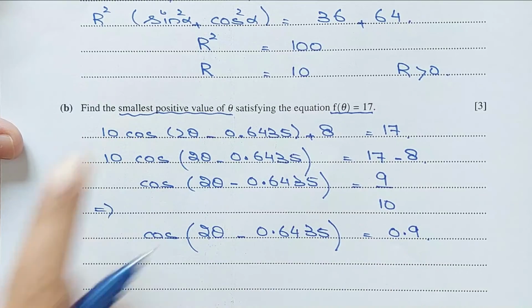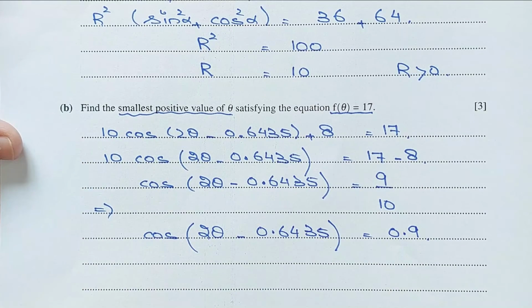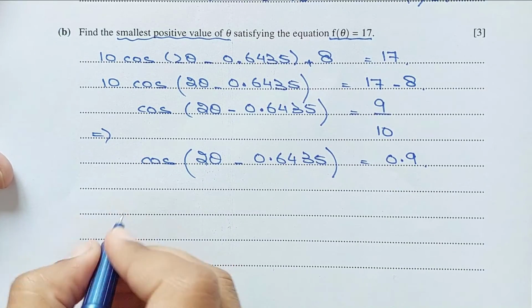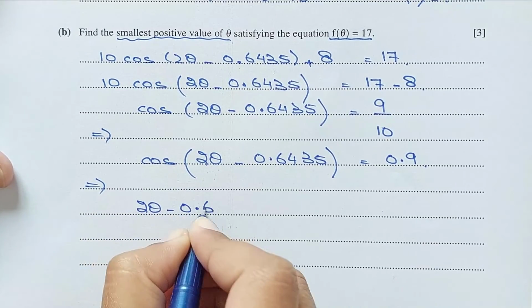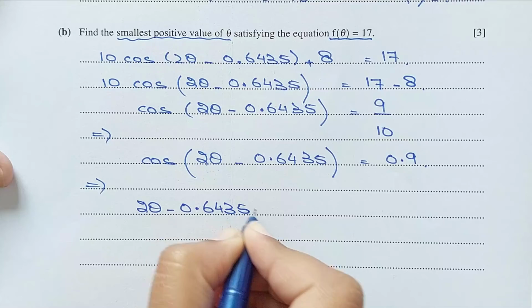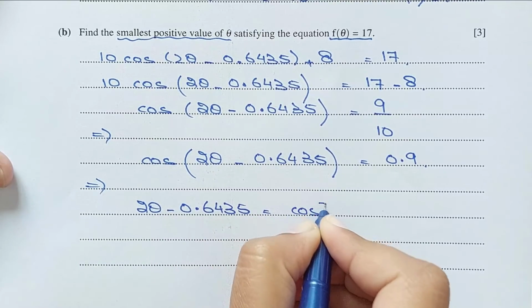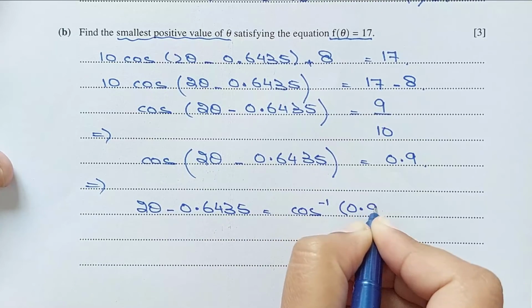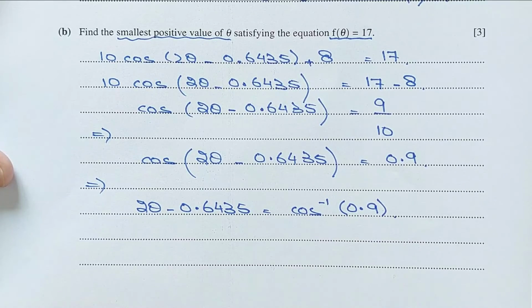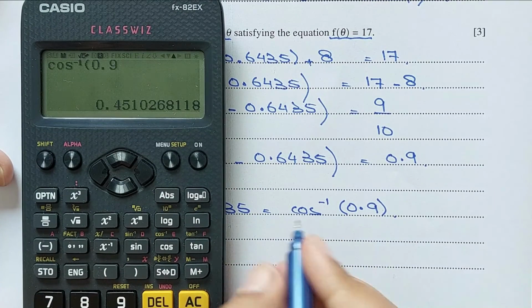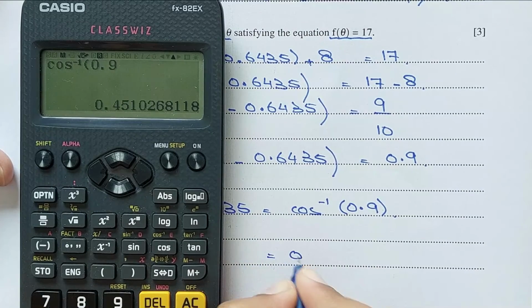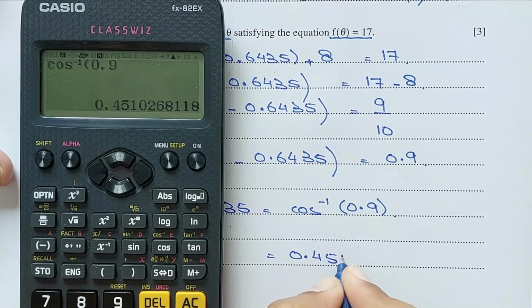We have to find the smallest positive value of theta, right? Now let me do cos inverse. So 2 theta minus 0.6435 is cos inverse of 0.9. Let me calculate cos inverse 0.9, which equals 0.4510.